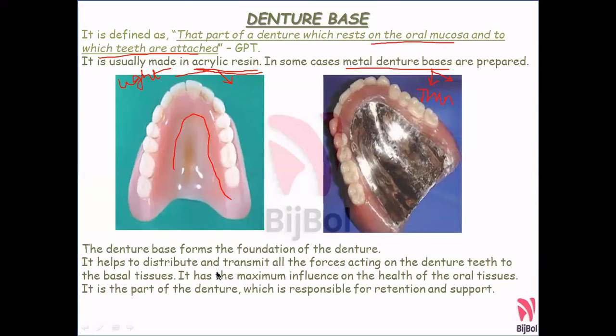Any more with metal denture bases? Weight won't be a problem because the denture bases are made very thin.